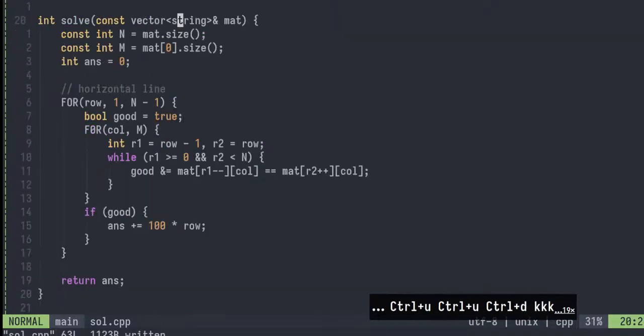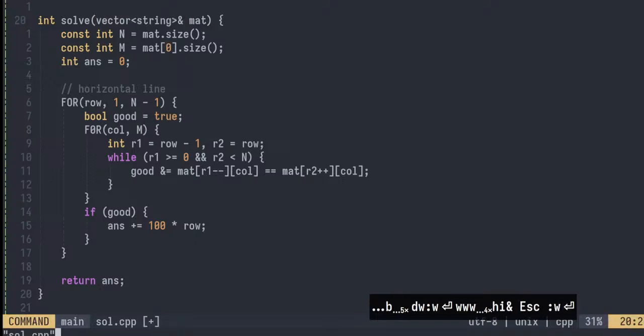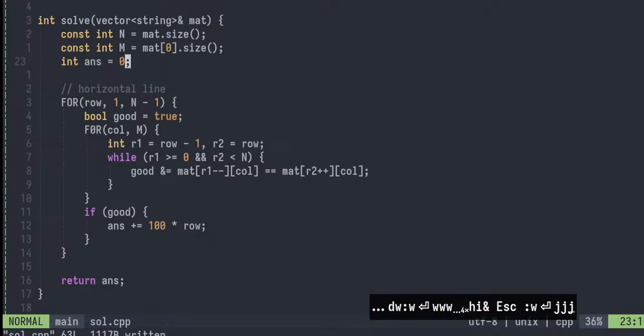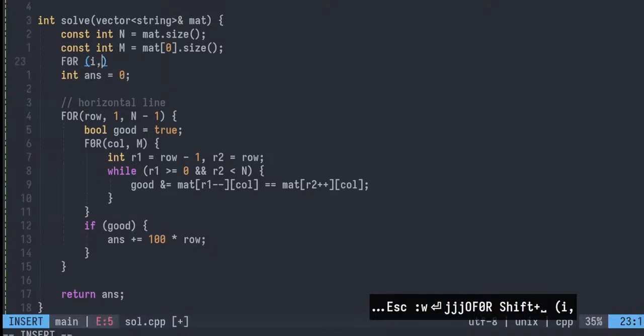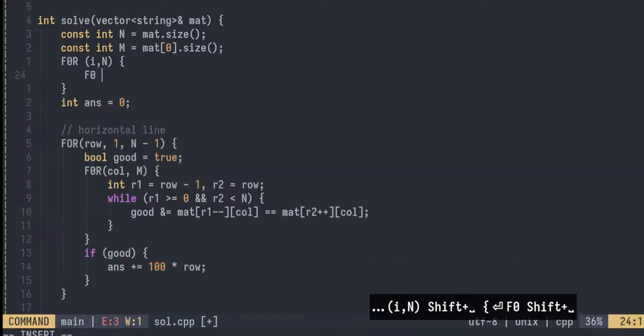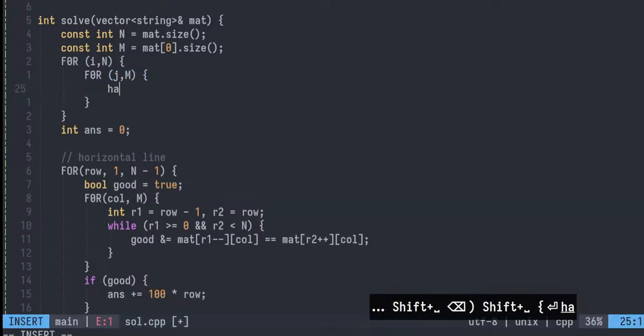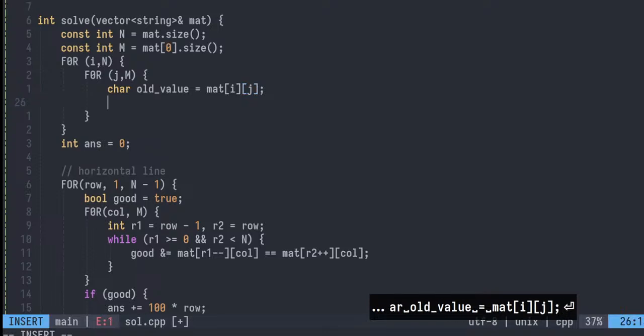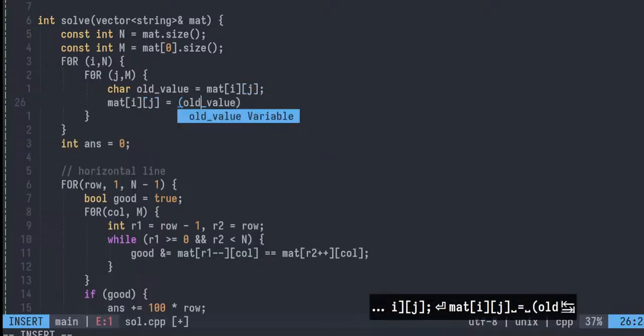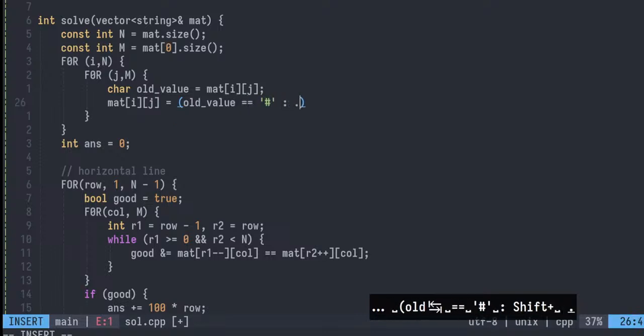And what I wanted to do, I will change everything. Suppose we try changing every cell. Let's say the old value is stored in this temporary variable of ij. If the old value is a hash, then it's a dot, else hash.